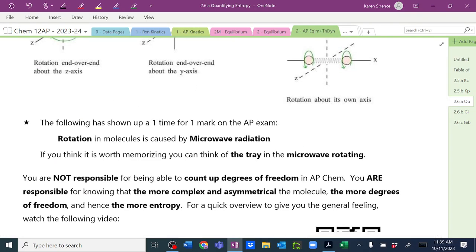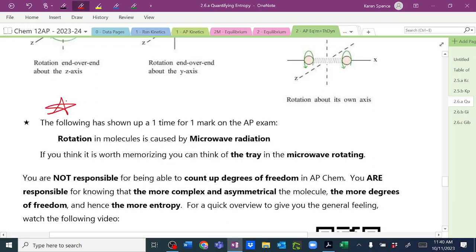Again, you don't need to count those. You can just say water is more complex, therefore it has more degrees of freedom. Therefore, it has more entropy. So AP, like I said from the Chief Reader's Report, they seem to like the discussion of more degrees of freedom means more entropy. Okay, so I'm going to write that down.